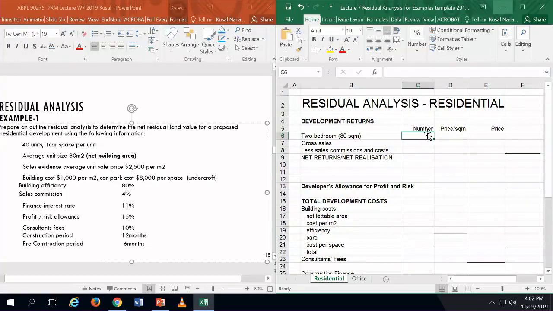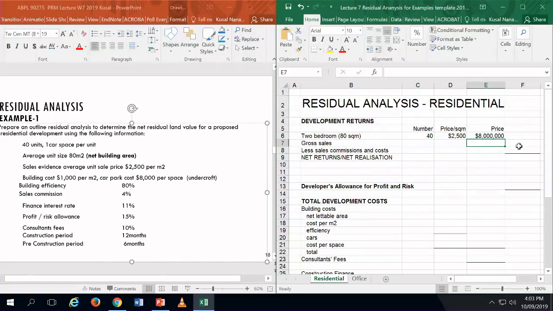Right. Number of units, 40. Price per square meter is 2,500. The total price, let's see, 8 million.